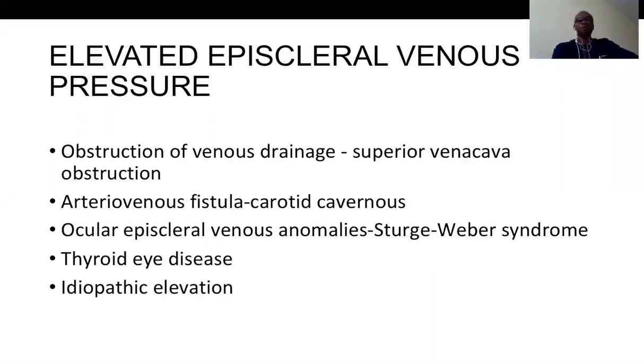So this next group is the elevated episcleral venous pressure. That's glaucoma resulting from elevated episcleral venous pressure. This may result from obstruction of venous drainage, such as when there is a superior vena cava obstruction, or it may result from arteriovenous fistula, episcleral venous abnormalities like Sturge-Weber syndrome, thyroid eye disease, or idiopathic elevations.